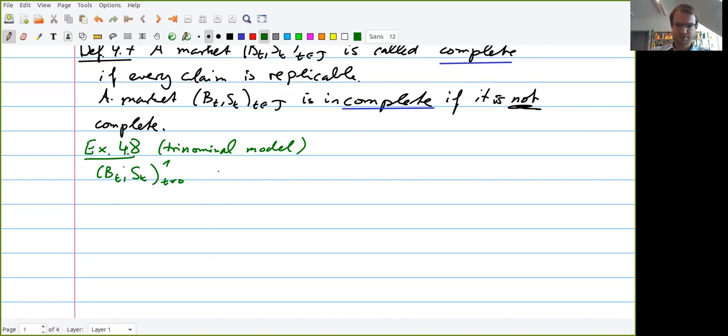As usual, you have your risk-free bond given by (1+r)^t, with an interest rate r strictly bigger than -1. And you have a risky asset. So you start with a non-negative price.